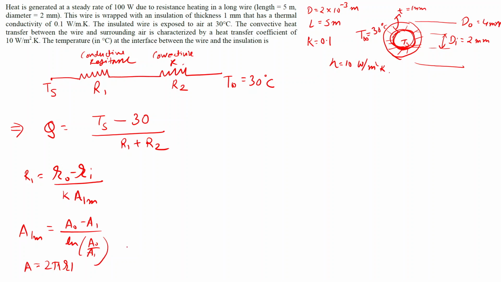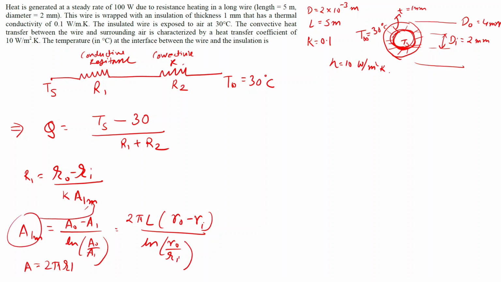For outer it will be 2 pi r0 L, and for inner it will become 2 pi ri L. And we can cancel this 2 pi L, so in terms of radius we have taken this 2 pi L as common, r0 minus ri upon ln of r0 by ri.